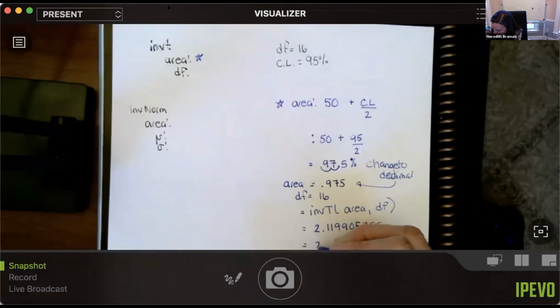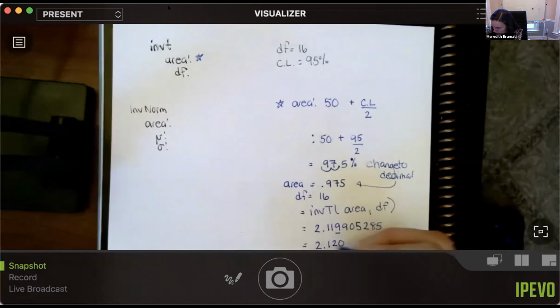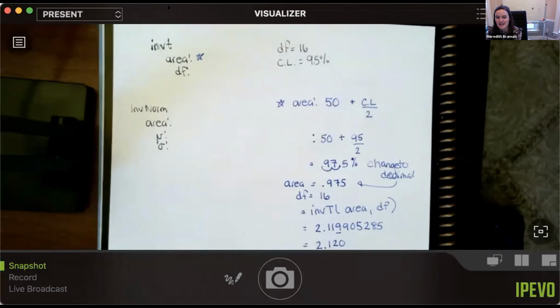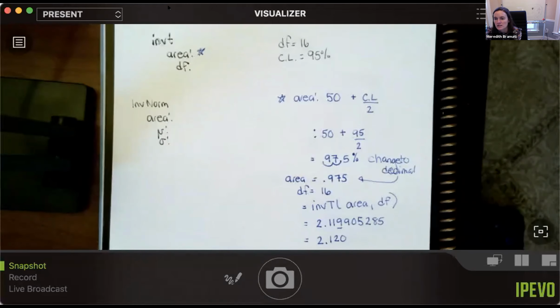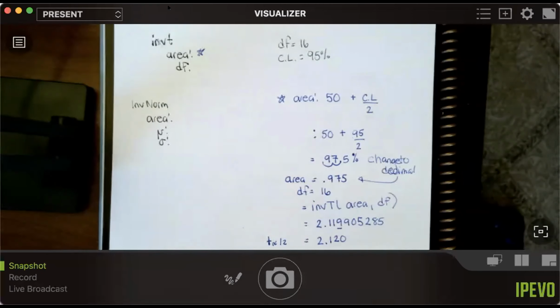And they want these rounded to 3 decimal places, so it rounds up to 2.120. Is that the exact same thing that we got from the chart? Yes. So either way, you're going to get the same thing.